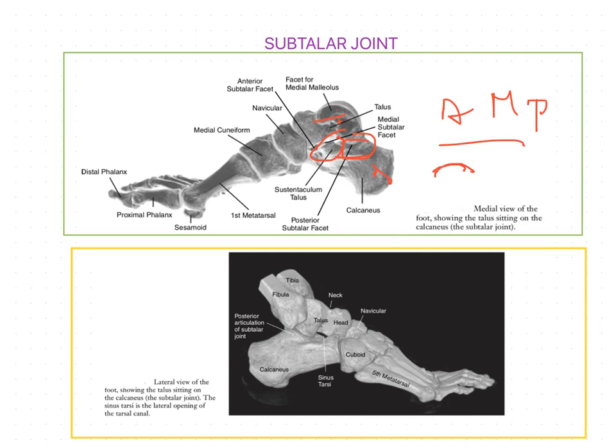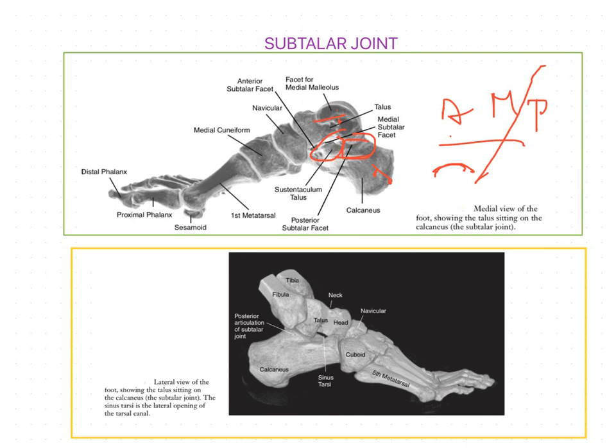So the ligaments running throughout the length of the tarsal canal divide the posterior articulation from the anterior and medial articulations, and these articulations do not communicate.